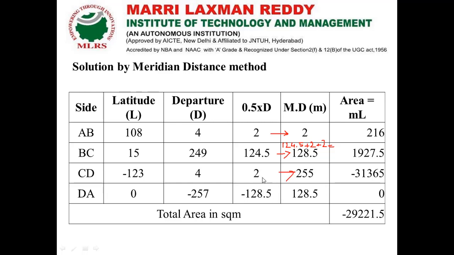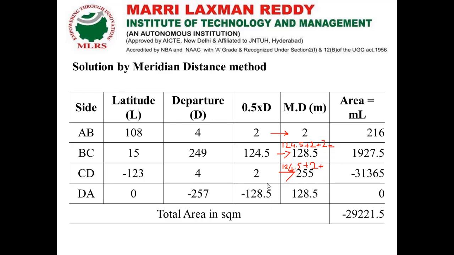Similarly, while coming to this point, here we have three things: the previous line, 124.5, plus the line itself, that is 2, plus the next line.